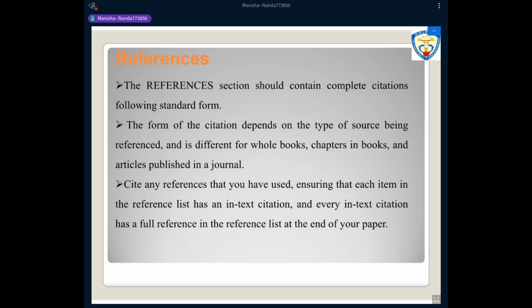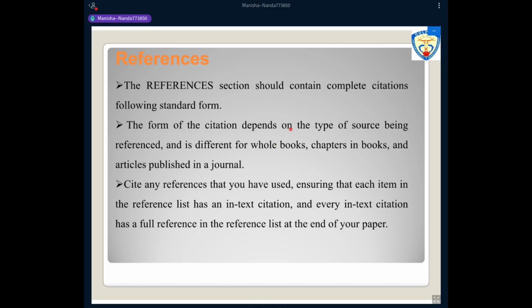In the references section, you mention what journals you have gone through, and then we know what type of journals are good in that particular research area. So this references section is very, very important.